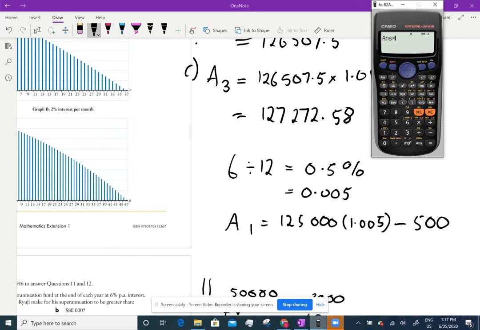So we'll do that again. 1.005 minus 500. Yep, and do it a third time. Double check the answer. This is D. Yep. That must be E. 376.88. I think she's got, in her answer, she's got it around the wrong way. Yep, so that's right.